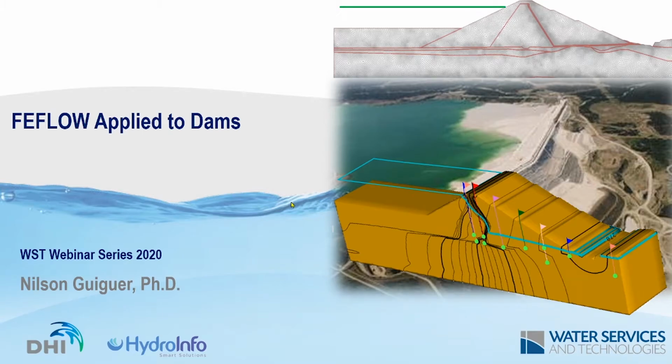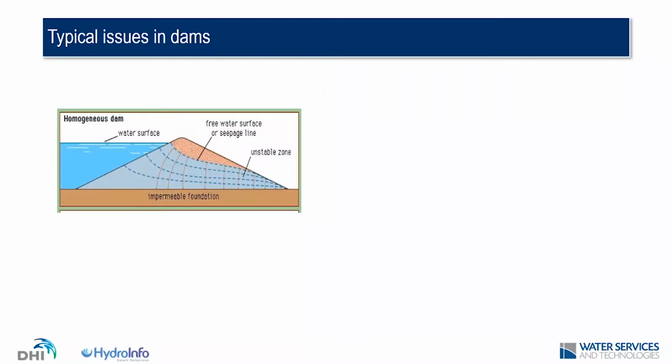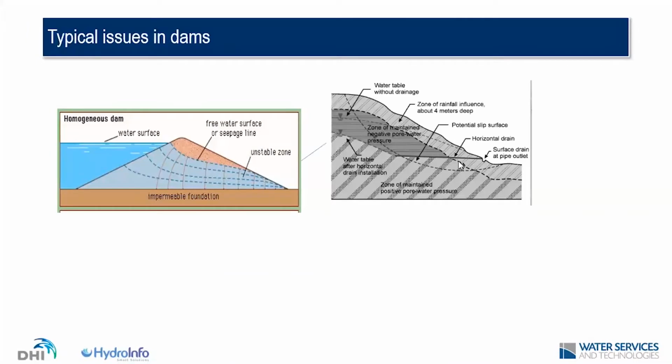We're going to start talking about typical issues in dams. If you have flow that puts the water table too high, you may have instability in this zone caused by the extra weight of the water present in the pores, as well as the water acting as a lubricant and making it easier to slip along the slip surface in this zone here.